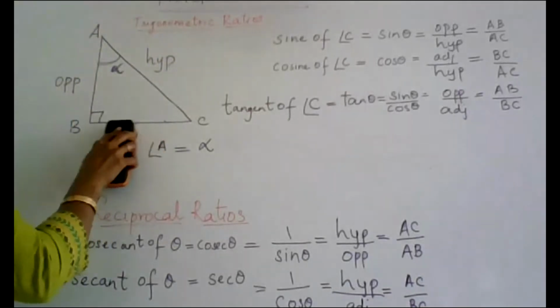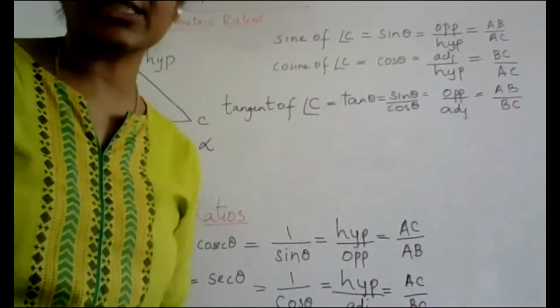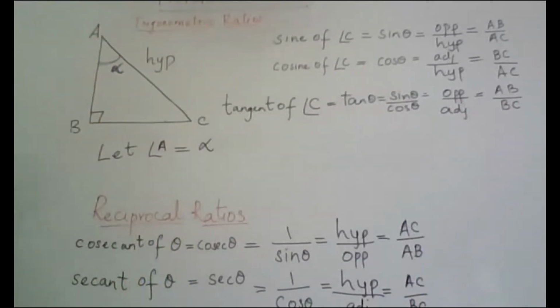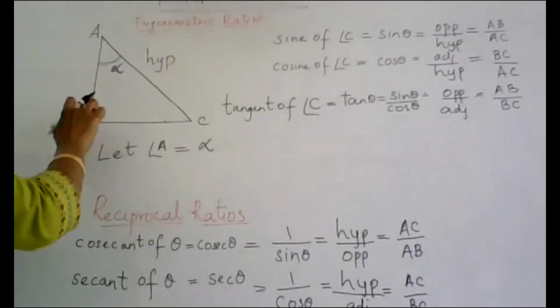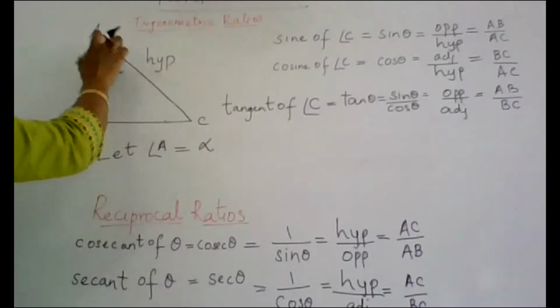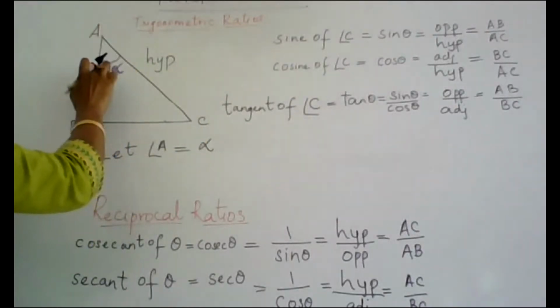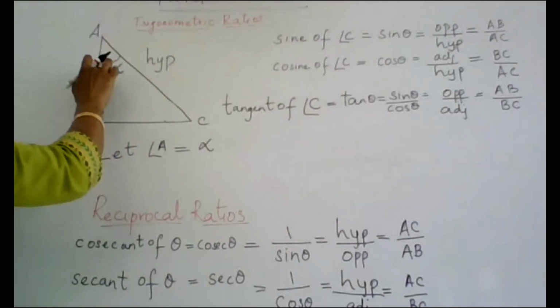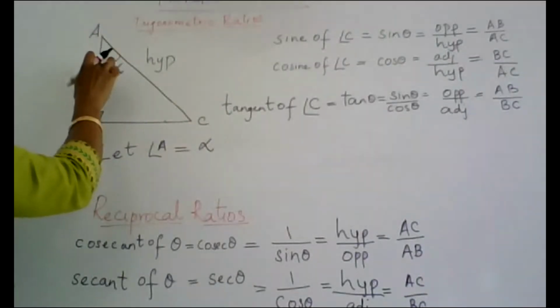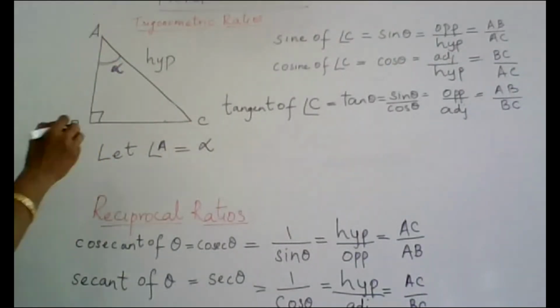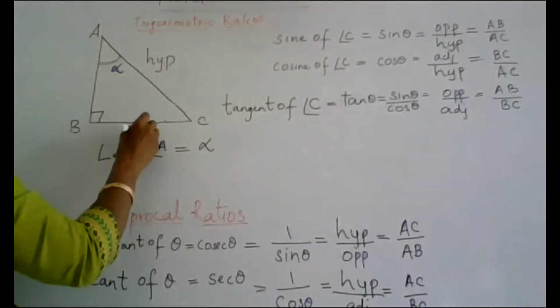Now with the adjacent and opposite sides. With respect to the angle A, the hypotenuse will not change because the right angle is B, which means the hypotenuse will remain AC. Now your concentration is on angle A. Which is the side opposite to angle A? That is BC, the opposite side.